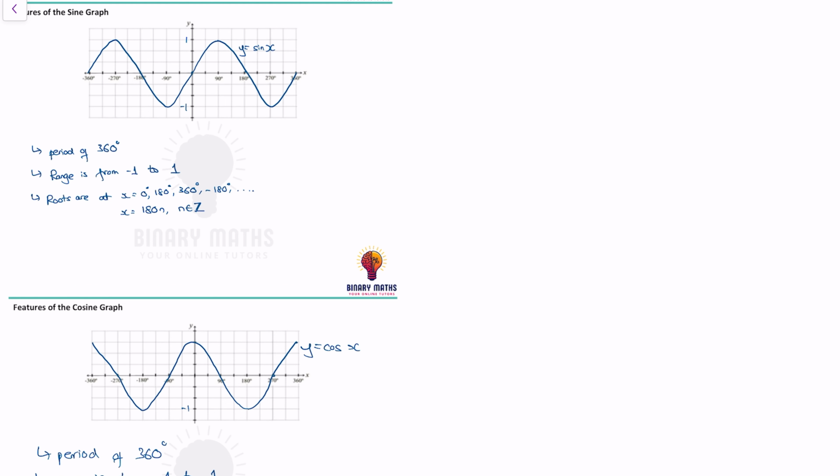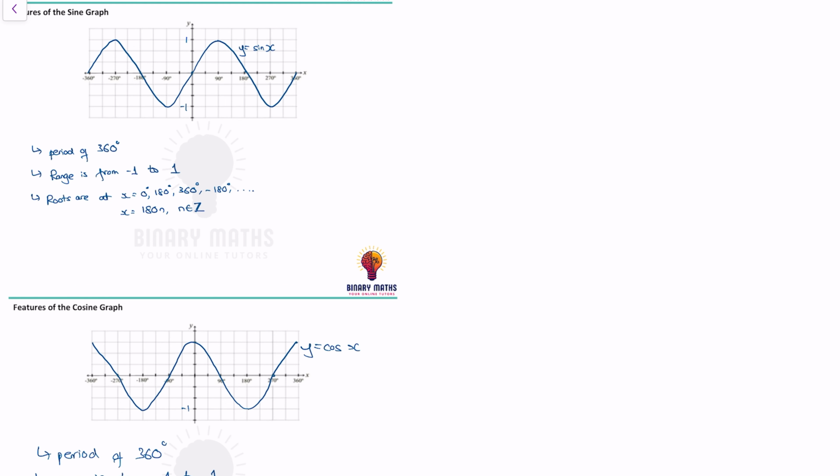And the roots are at x equals 90 degrees. That's the first one, and then you add and subtract 180 degrees to get the next one. So 270 degrees, minus 90 degrees, minus 270 degrees. So I had to simplify it and write it down.